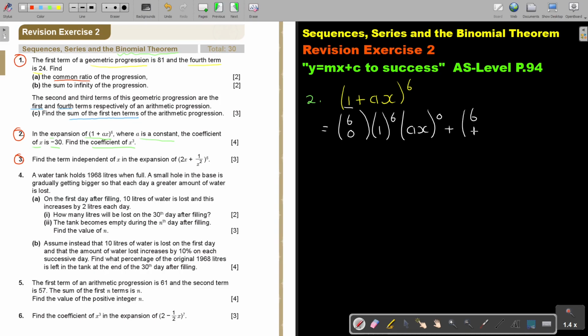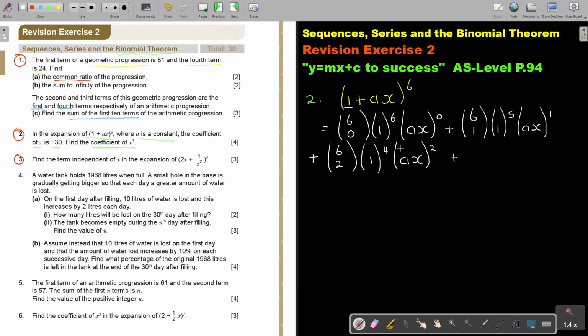Then it's 6 and 1, and then it's 1 and 5, because I subtract. And then the second one, and it's 1, plus. Then it's 6 and 2, and then it's the first one, and this is going to be 4, and then the second one, and that is going to be 2.